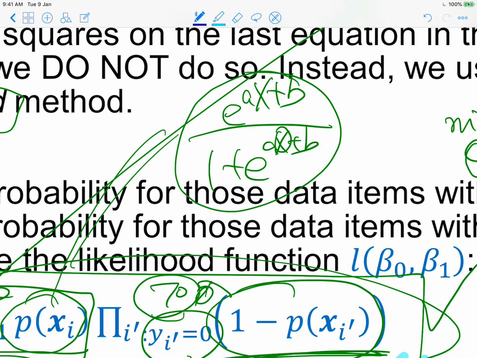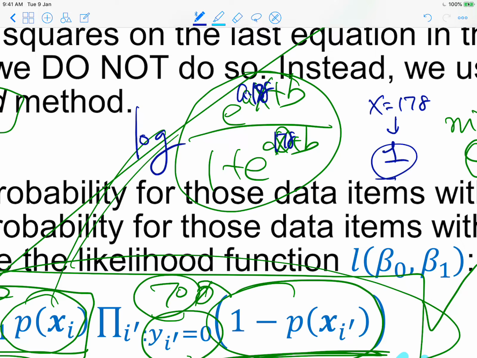In the case of a positive example, suppose x was 178, and it turned out to have a positive class. Then this is the probability of the class being 1, right? We apply log over here, put a negative sign in front, and then we minimize it.